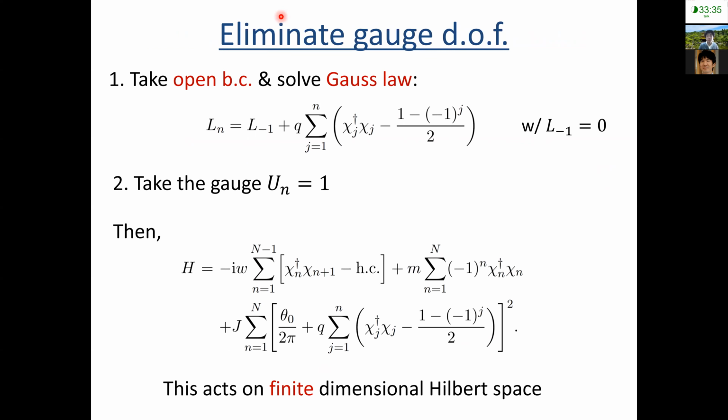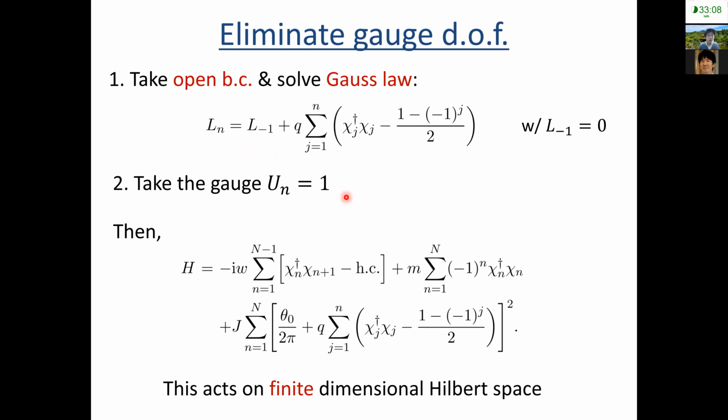to rewrite the theory in terms of qubits, we first eliminate the gauge field. Here we take open boundary conditions, and then we can solve Gauss law. So we can rewrite the gauge field in terms of fermion operators.